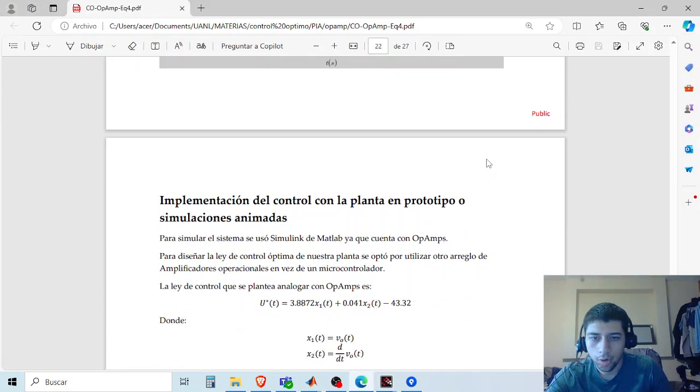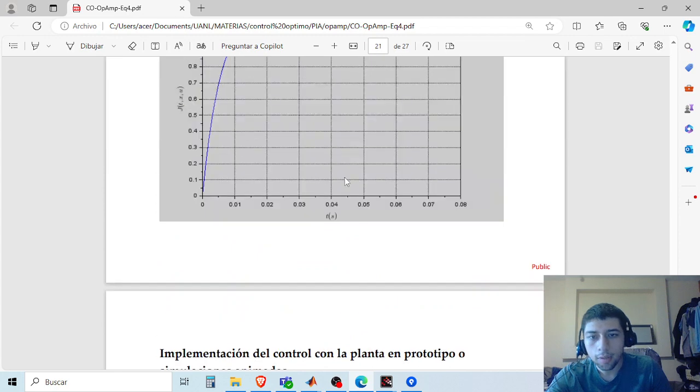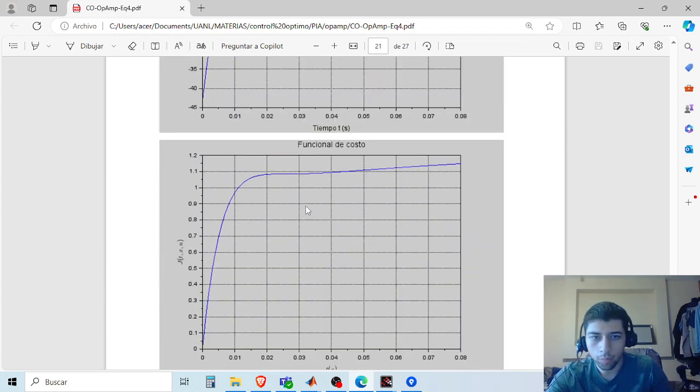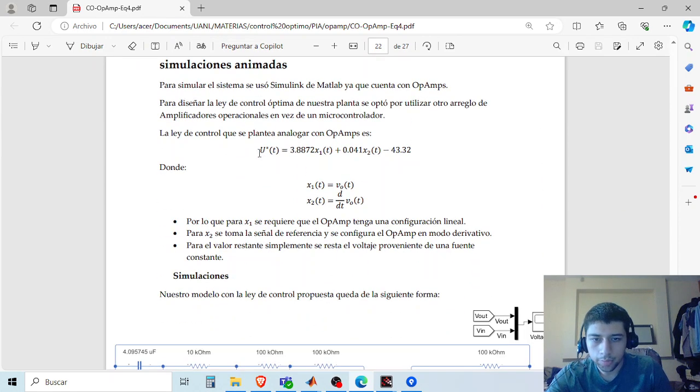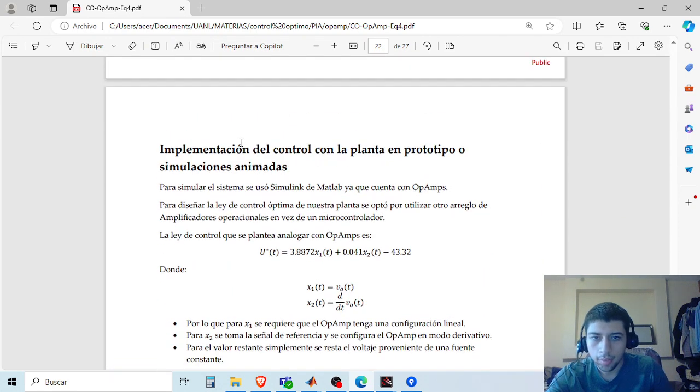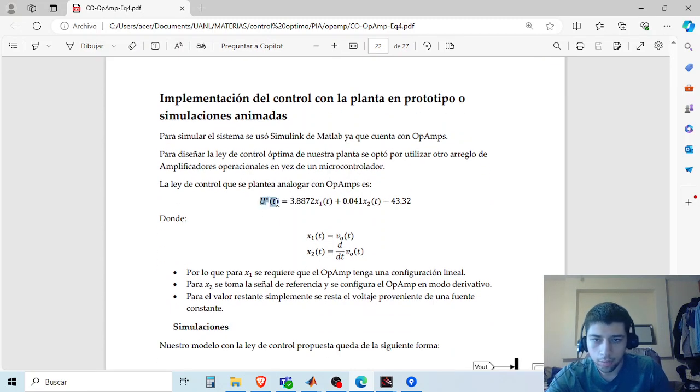So now we are gonna simulate this model with some op amps. In order to make the simulation, we are using Simulink from MATLAB, and here is our optimal control law. For the first state, which is the output voltage, we are going to multiply by some constant.